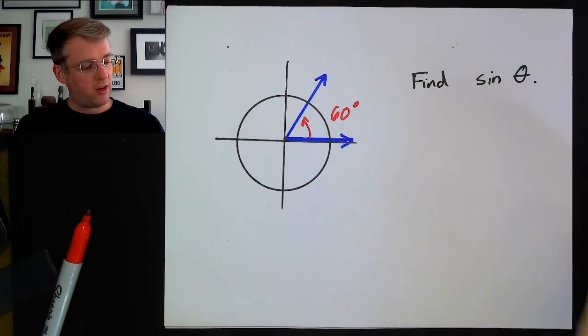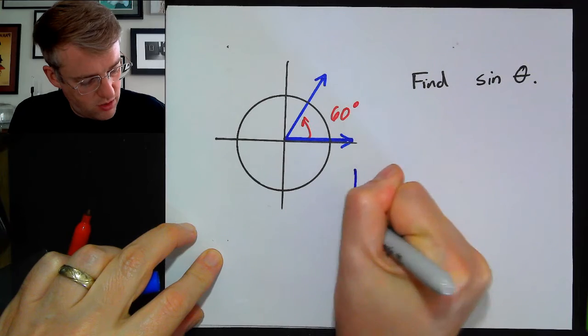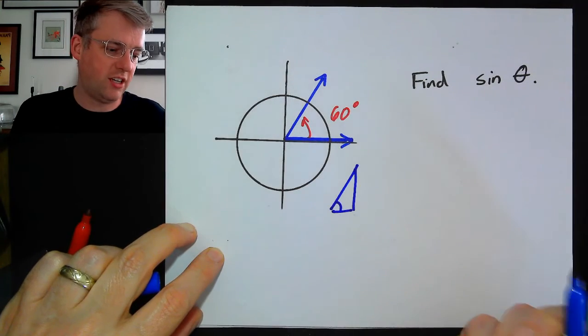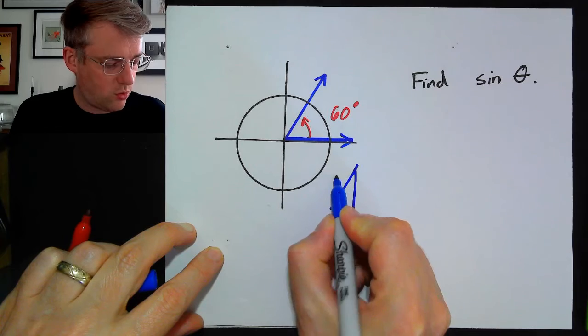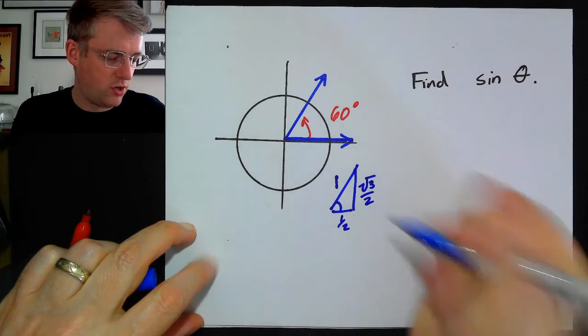We just went through it. A 60-degree angle is going to go up like so. It's going to be a 30, 60, 90 triangle. We know it was 1 there, half there, and then the weird one, √3/2 there.